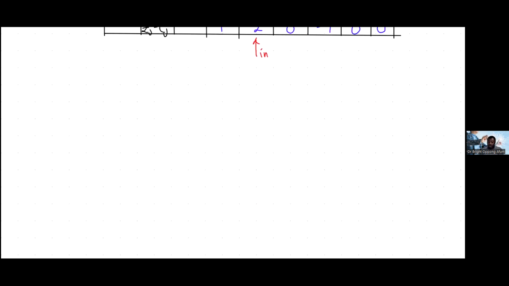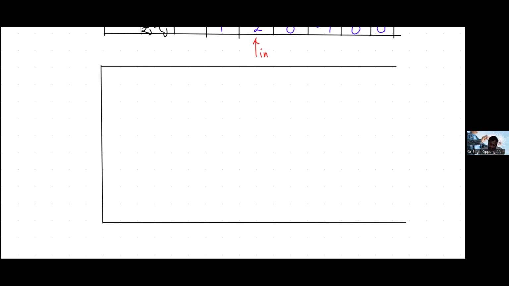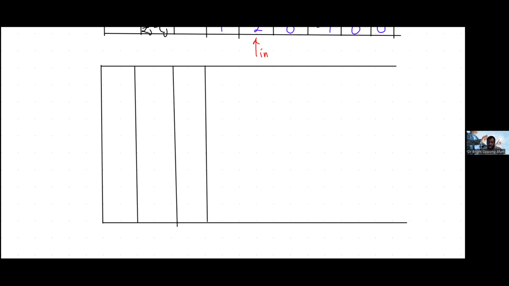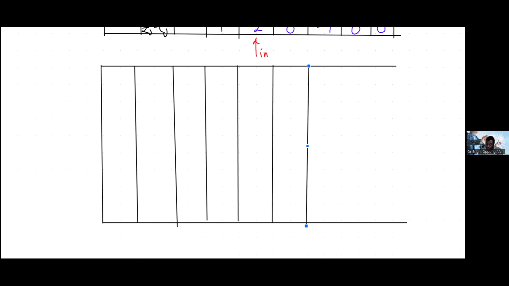So in our next tableau, we can draw the tableau again. I have my Cj, CB, I have my bases, I have my BIs, X1, X2, S1, S2, A1, and A2.